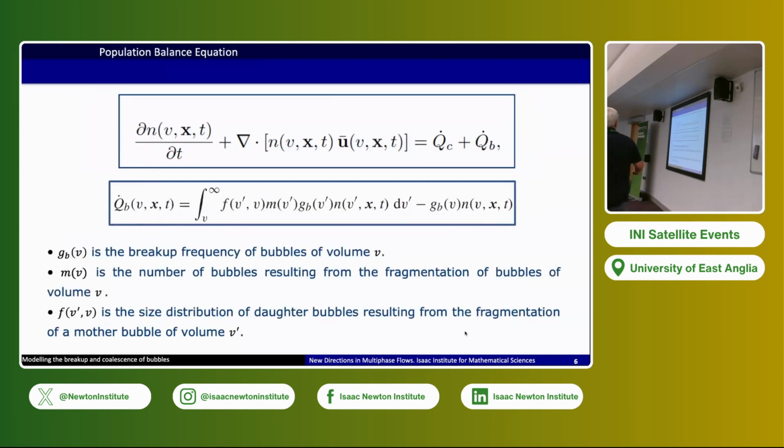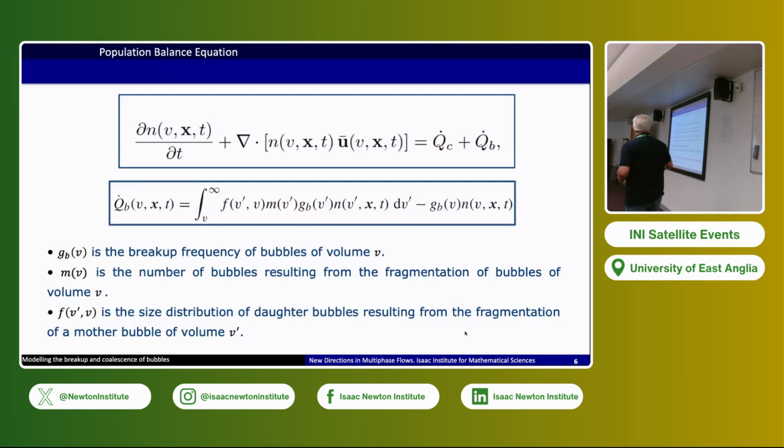The breakup rate has two terms. It has a sink term, and it has also a source term here. The sink term accounts for the number of bubbles that break and is given by the breakup frequency of these bubbles. And this is something that we need to model. And the source term accounts for the number of bubbles that are generated due to the breakup of larger bubbles.